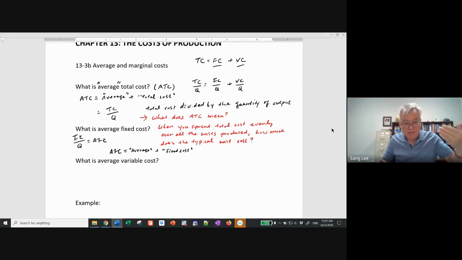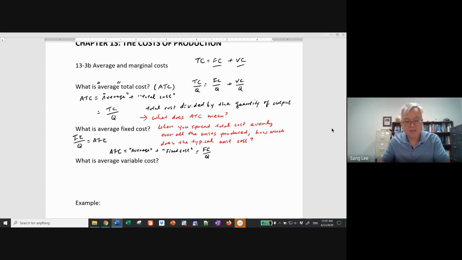In economics, average is interpreted in the context of a quantity. Whenever you see average here, that means you divide what follows by the quantity. So you simply divide fixed cost by the quantity.